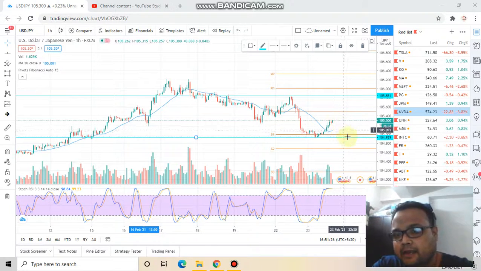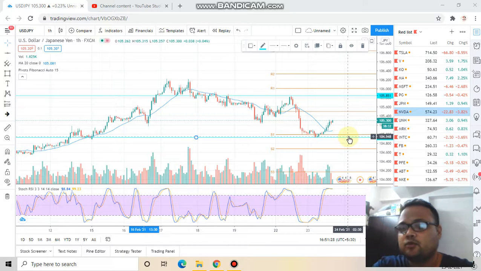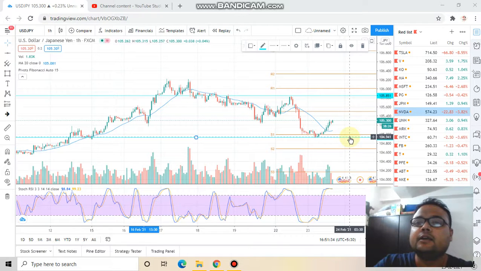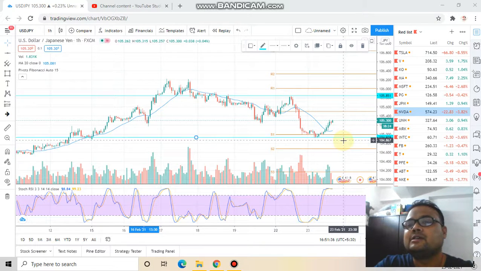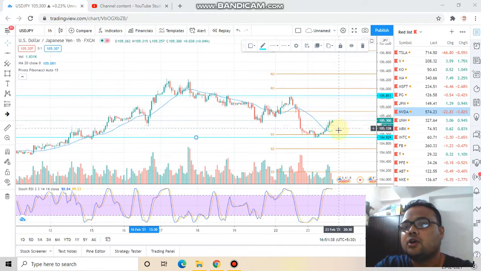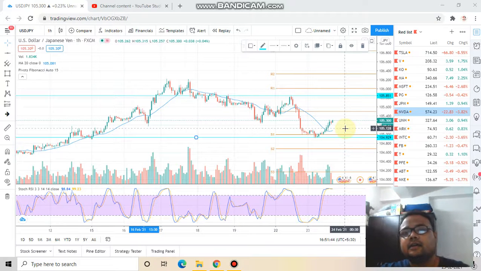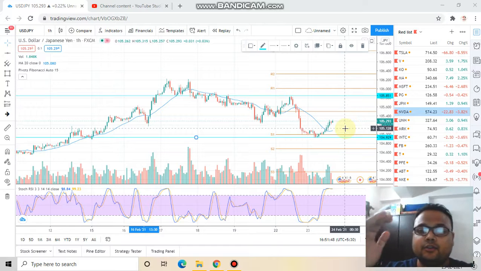Suppose market comes down at this price and you spot a price reversal from below. If market bounces from this level, then you can easily buy here. Your stop loss will be somewhere around here, and this whole thing will be your reward. So risk to reward ratio is very important. That's why I always say that trade from level to level.